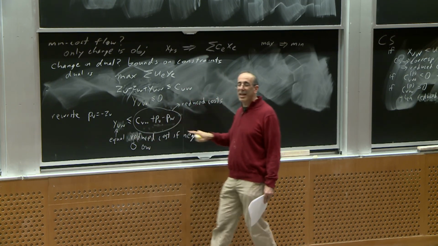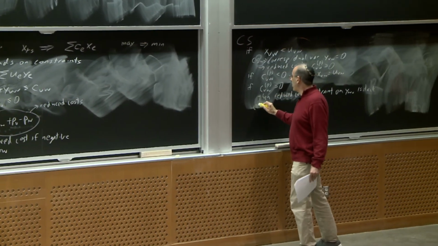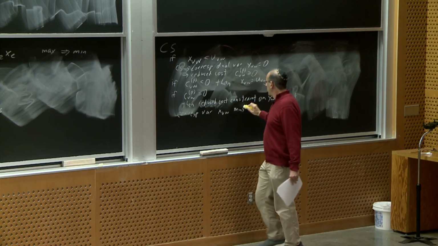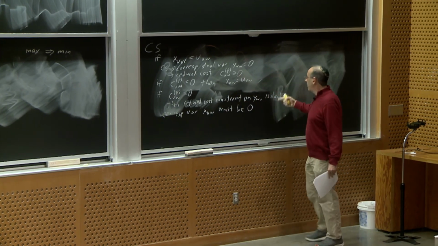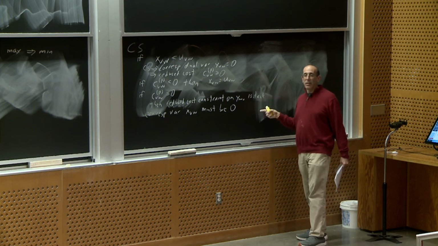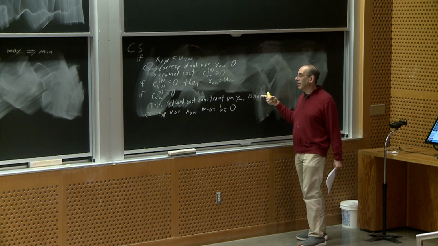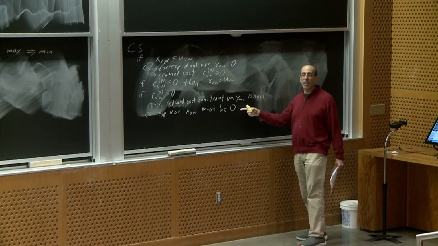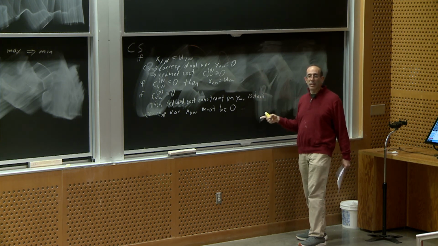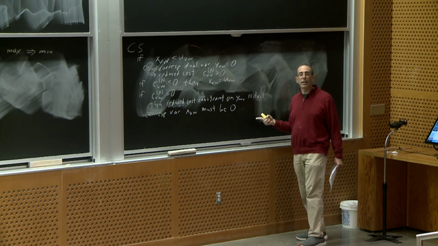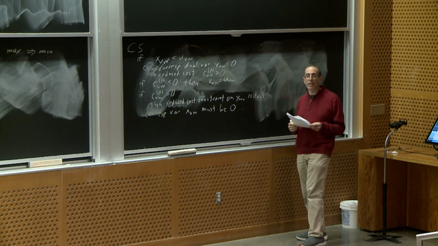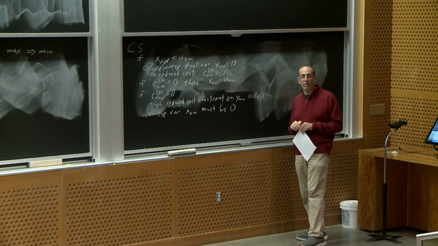Now, if this constraint is slack, then the corresponding variable, XVW, must be 0. So what is this telling us that we already knew about min-cost flows? Well, it's telling us that if the reduced cost is positive, then the edge is empty. Right? So these are exactly the reduced cost criteria that we figured out directly for min-cost flows, and we get them for free by looking at complementary slackness for linear programming.